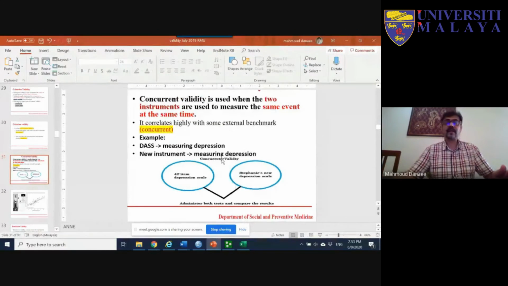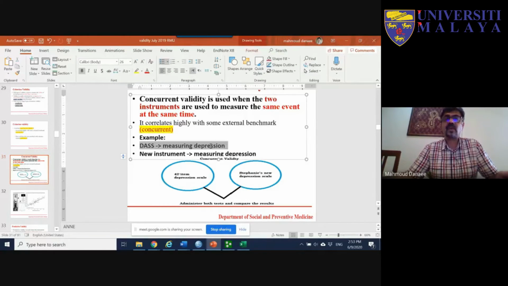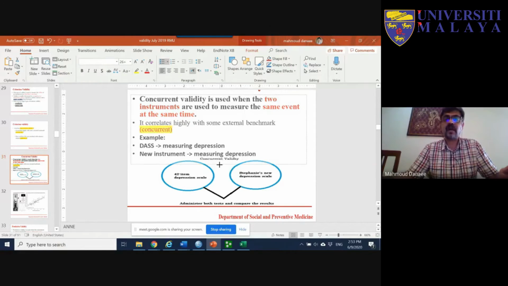Look at here. In this example, the DAS is a well-known instrument that measures depression, correct? And the new instrument that you design is also going to measure the same outcome.